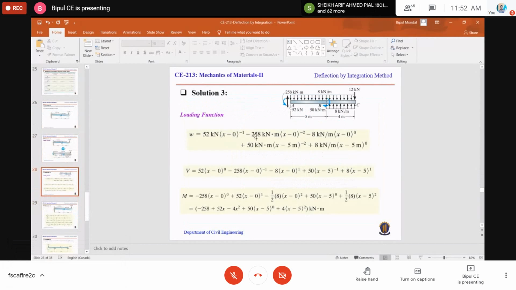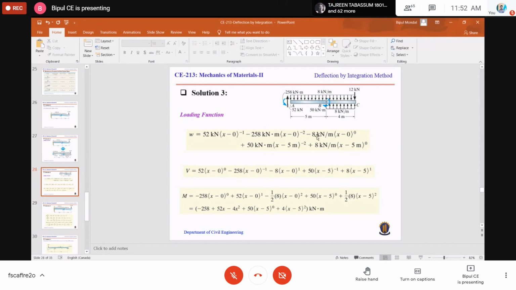So what will be that? Concentrated moment times x minus a, and concentrated moment is acting here, and this one is at the origin, so the value of a will be 0 here, minus a, and it is anti-clockwise and clockwise is positive, so that's why it is minus. Okay, and now there is a distributed load.